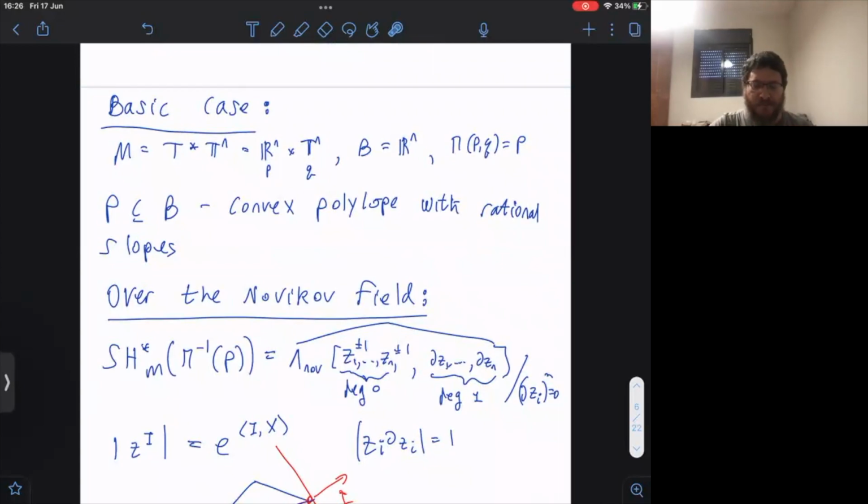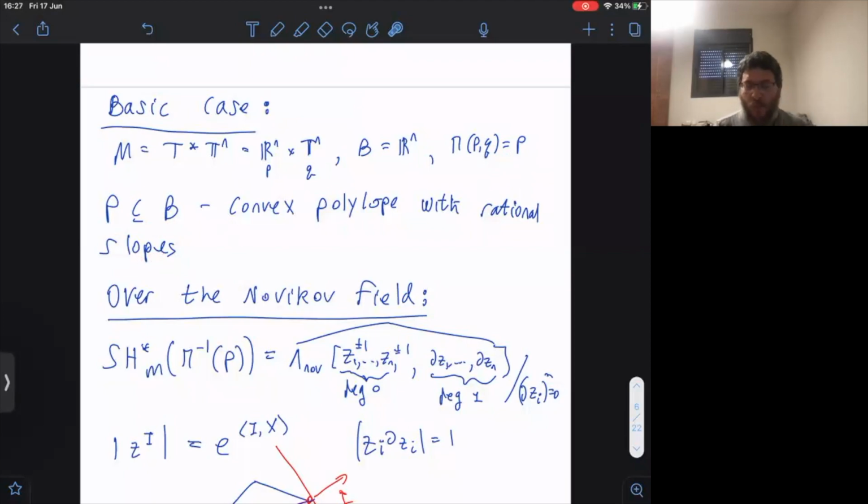You consider the cotangent bundle of the n-torus, and so that's M, and the base is the fiber, which is canonically R^n, Euclidean space, and the projection is just forgetting the position and remembering only the momentum. So that's the setup, and then we consider a convex polytope inside R^n with rational slopes.